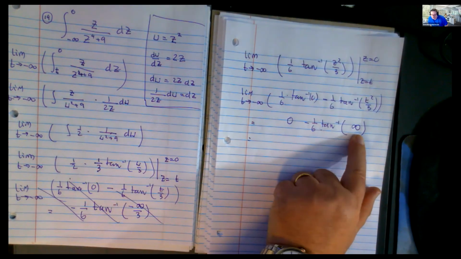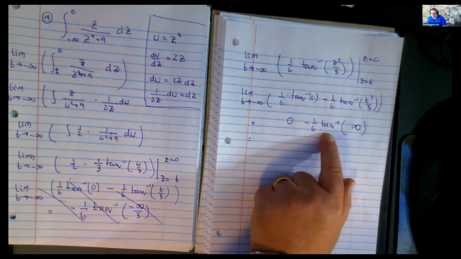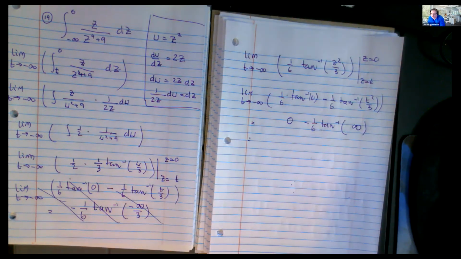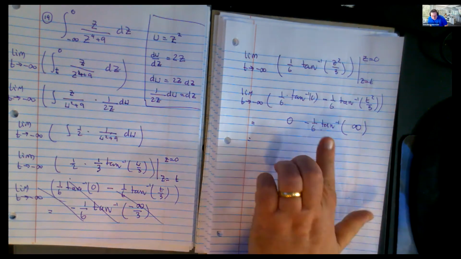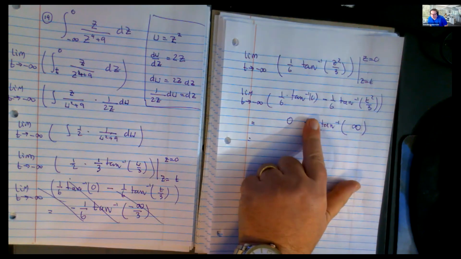This is not infinite. The inverse tan of infinity is in fact a number. It's the angle that gives you a tangent of infinity. What angle gives you a tangent of infinity? We've seen this guy before. I know it happened yesterday, I think. Pi over 2.